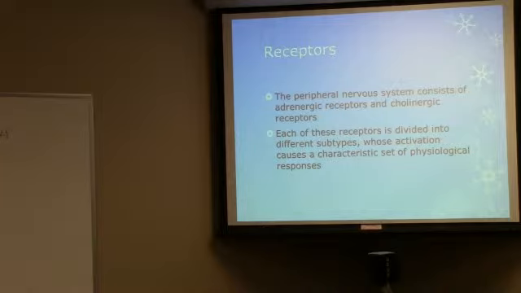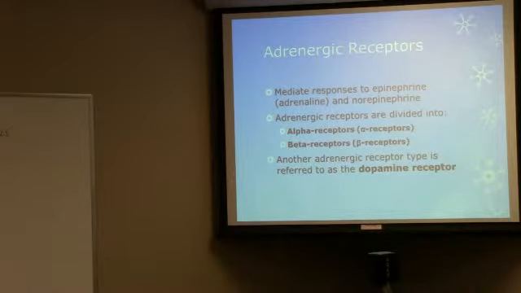Do we want to activate something? And what we're looking at is going to be this alpha and beta. We'll talk a little bit about the epinephrine, norepinephrine next term when we talk about the cardiac system, along with alpha and beta as well.